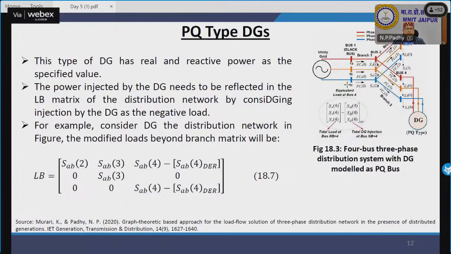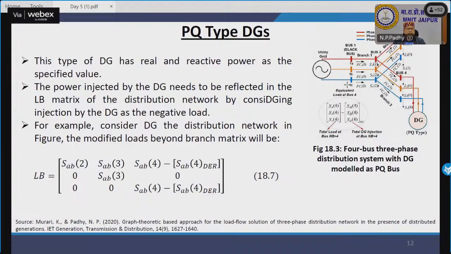Now this type of DG has real and reactive power at specified values. The power injection by the DG needs to be reflected in the LB matrix of the distribution network, considering the injection by the DG as a negative load.